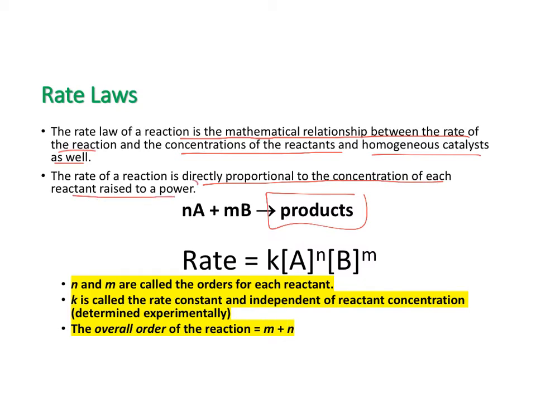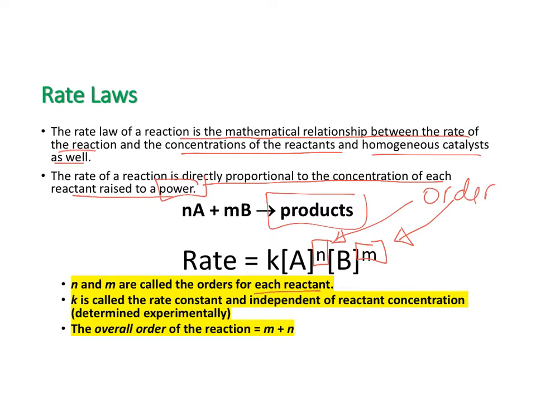Now this power is a very special number, and it has a name. We actually call these the order of each reactant. So these powers right here are the order of each reactant, okay?